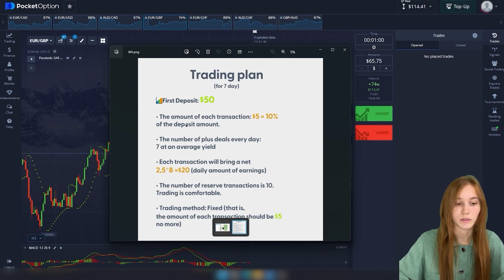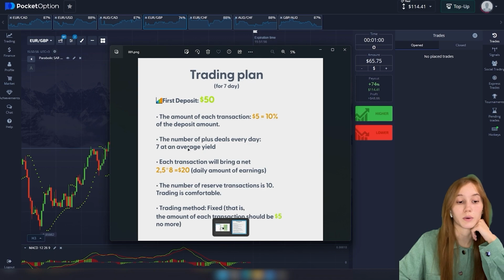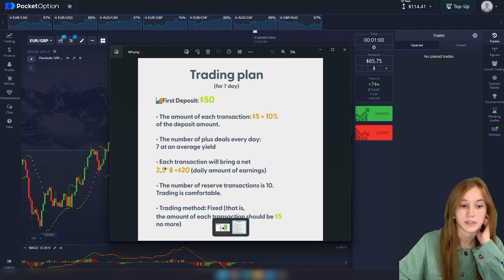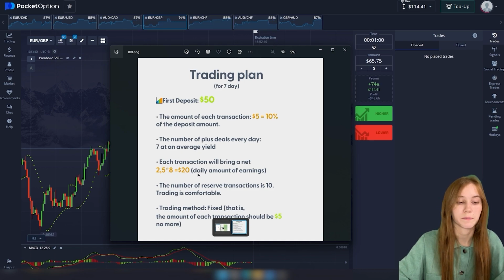And the number of profitable deals we have every day is an average number of successful deals, 7 days of profitable ones. Every deal will bring at least $2.50 plus or minus maybe, so you can use it.